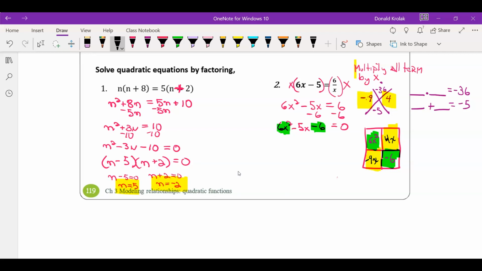now GCF your rows and your columns. You've got a leading negative, so I'm going to pull that out. Be 3. GCF of these two would be 2x.